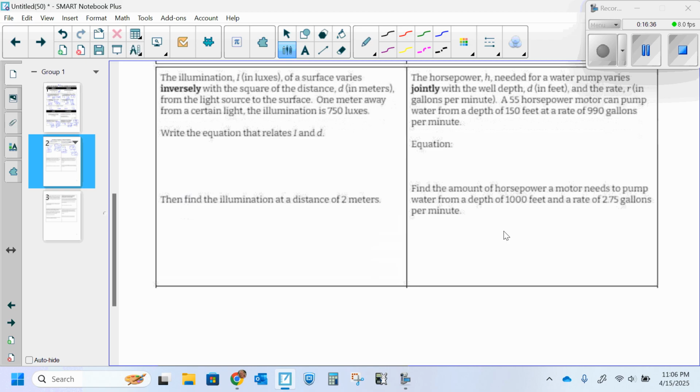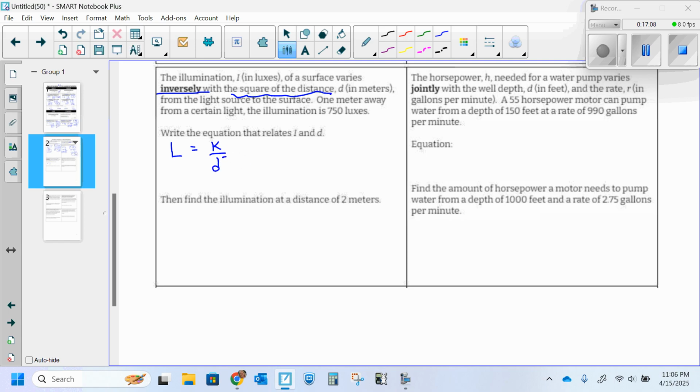Okay, the illumination, L, in luxes. That's actually a thing. It's the brightness of something. If you ever look at a box of light bulbs, they'll tell you how many luxes it is. The illumination in luxes of a surface varies inversely. So L, I'm going to use a big L just so it doesn't look like a 1, varies inversely with the square of the distance.